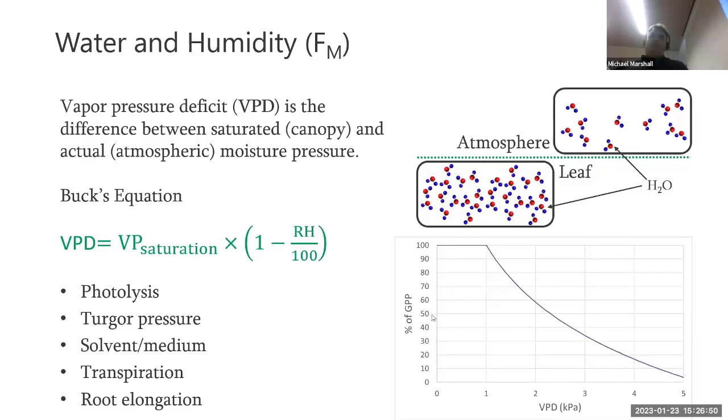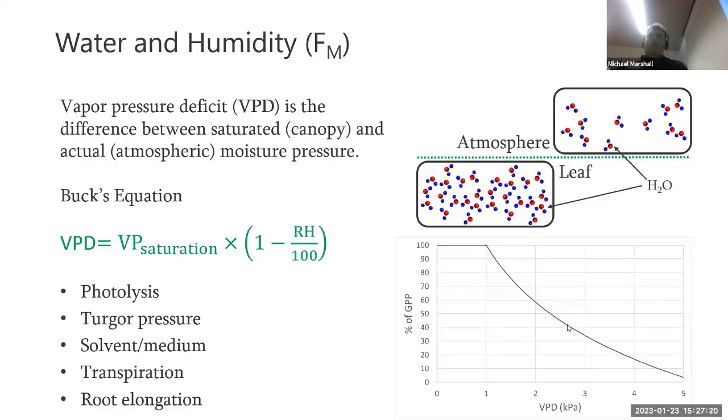Right? And so you can see this illustrated here in the lower right-hand side, GPP, biomass accumulation versus vapor pressure deficit. As you can see, for very low vapor pressure deficit, meaning very moist air, say between 0 and 1 kPa, there's not much change in productivity. But as you increase that vapor pressure deficit, more water is being lost to the atmosphere, and so the GPP goes down.